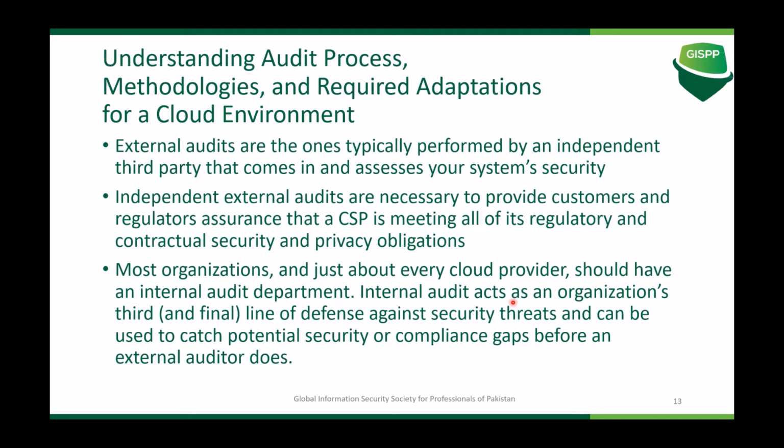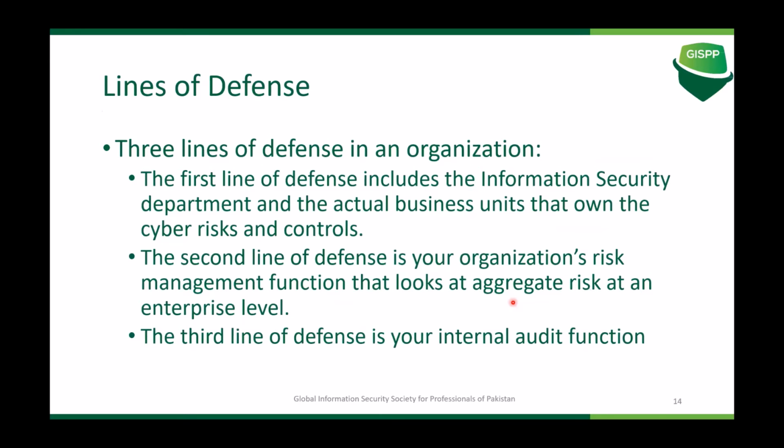Again, this is very common in the banking industry, and that's where I have seen it. When I was talking to my banking clients, they talked about this line of defense very often in their discussions with us. The first line of defense includes the information security department and the actual business units that own the cyber risk and controls.